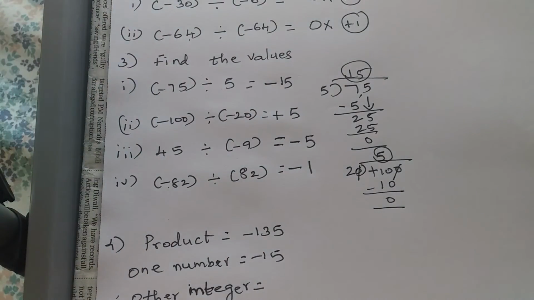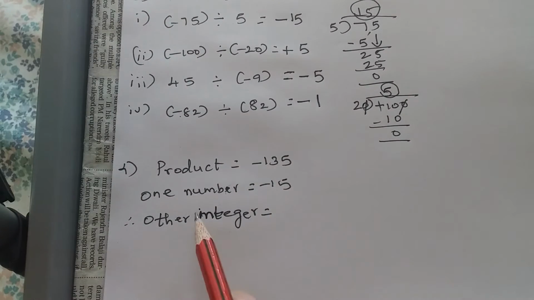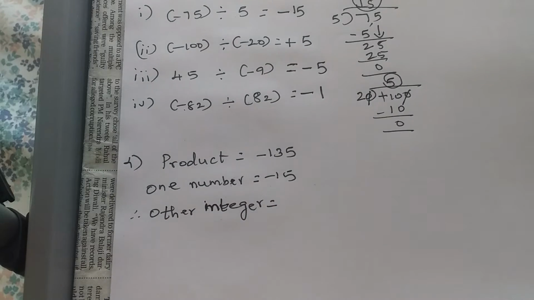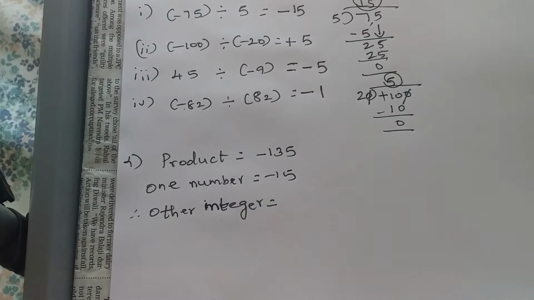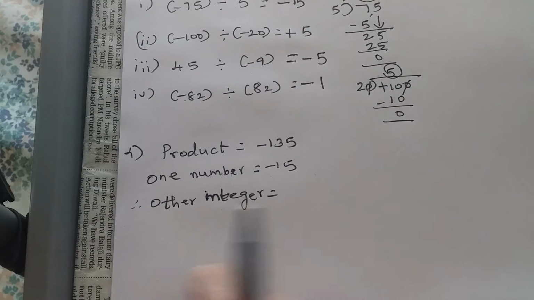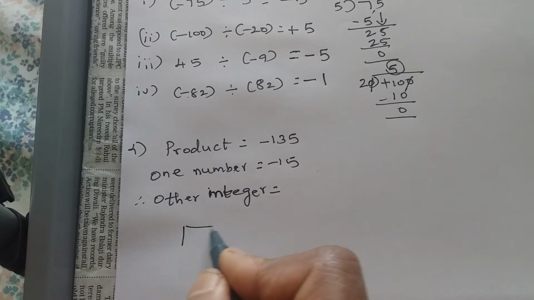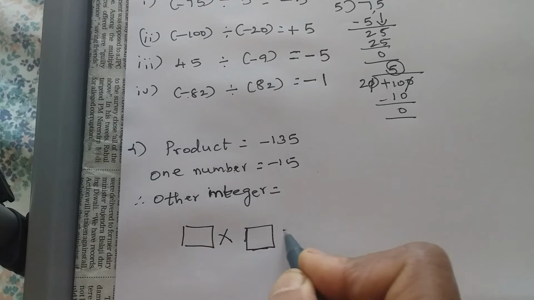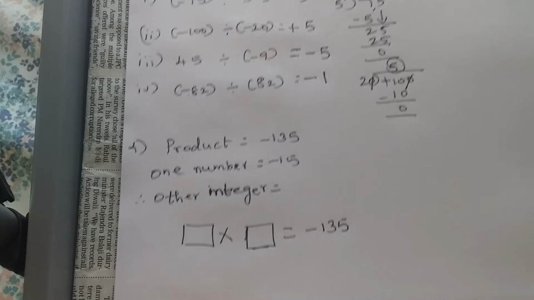So we'll write the statement for that. The product of two numbers is minus 135. And one number is minus 15. We have to find the other integer. So this is nothing but just like the previous problem, but it is given as a word problem. We'll write a mathematical expression for this. The product. Product means what? Multiplying. We multiply two numbers. When you multiply two numbers, your answer is minus 135. That is the product.